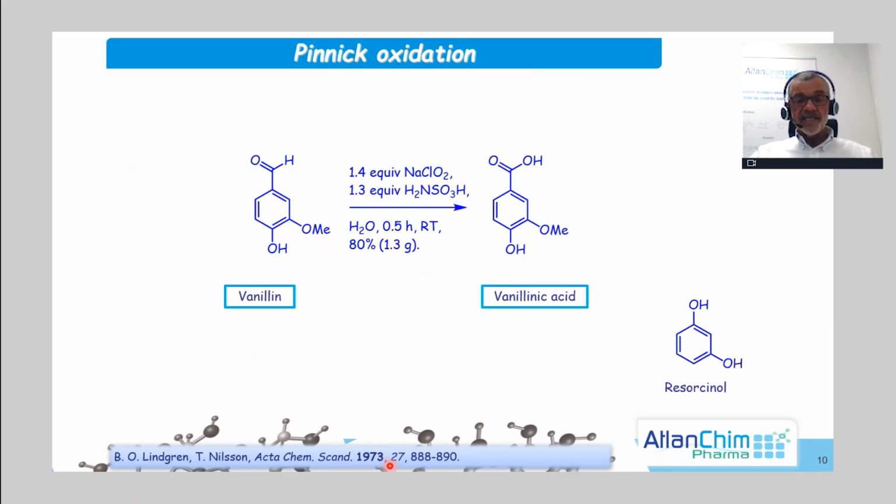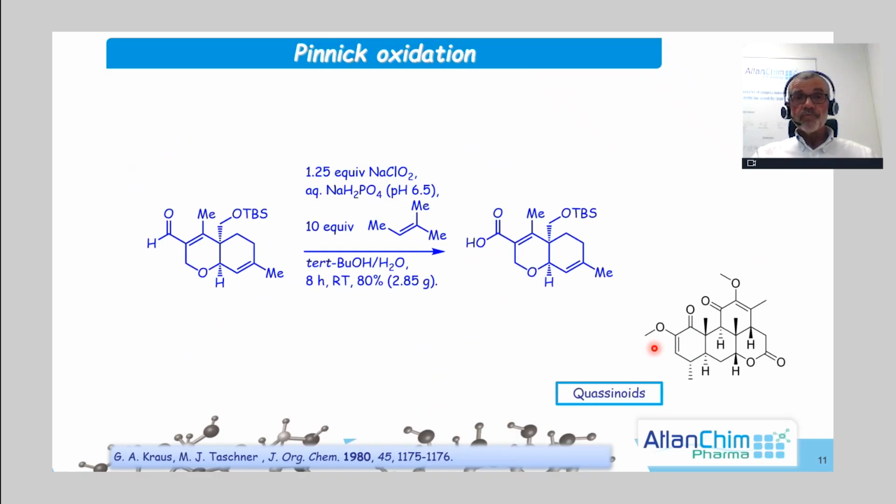In 1973, Lindgren was the first to apply sodium chlorite with scavengers such as sulfamic acid to convert vanillin to the corresponding vanillic acid in a good yield at room temperature in water, as presented on this slide. He also used resorcinol as a scavenger with vanillin and obtained the same yield.